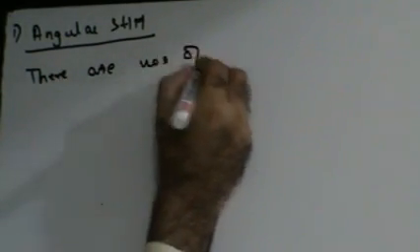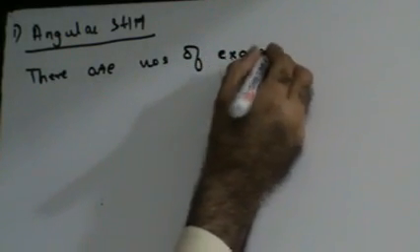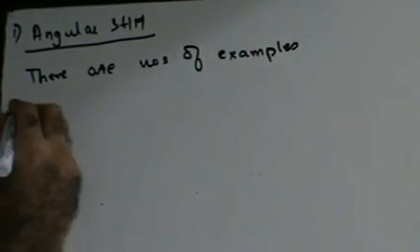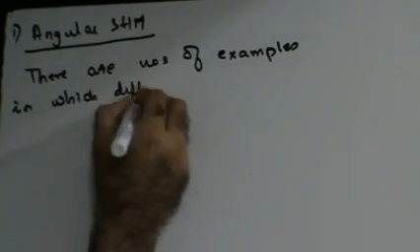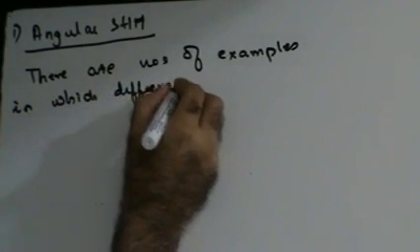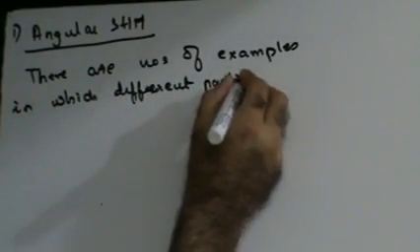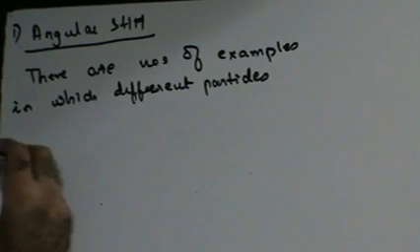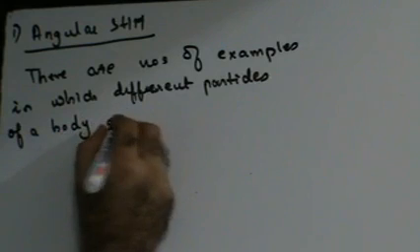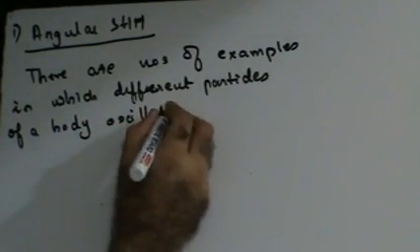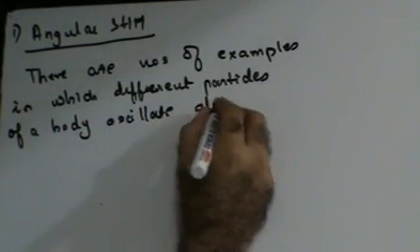So I can say there are a number of examples in which different particles of a body oscillate along curved paths.